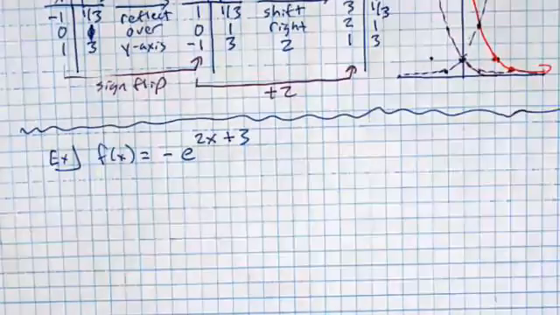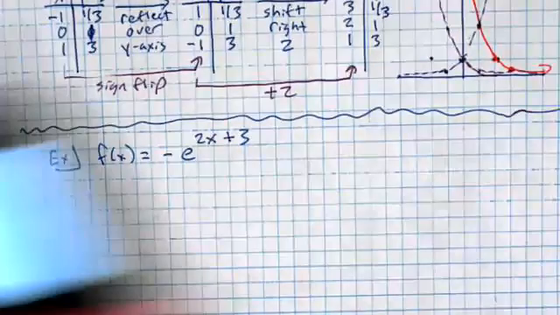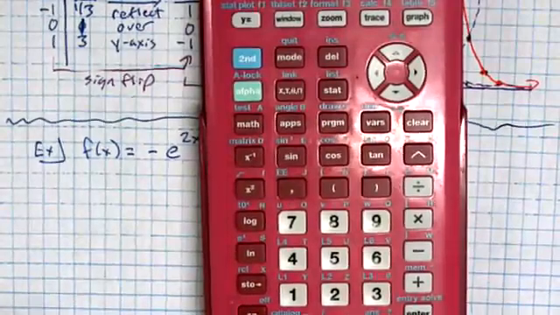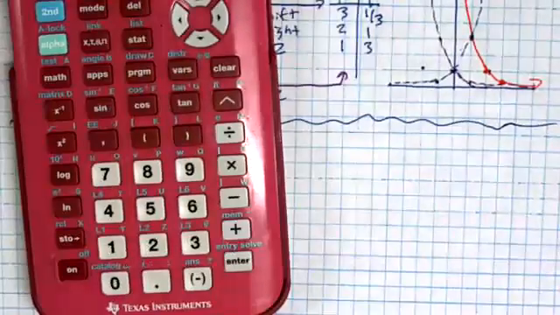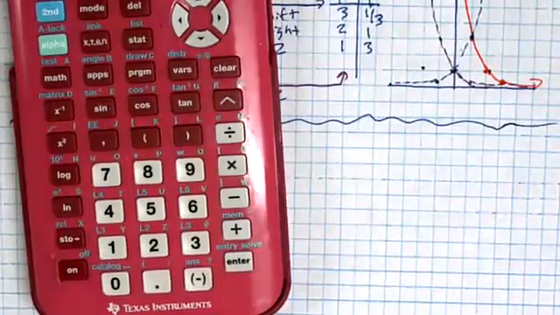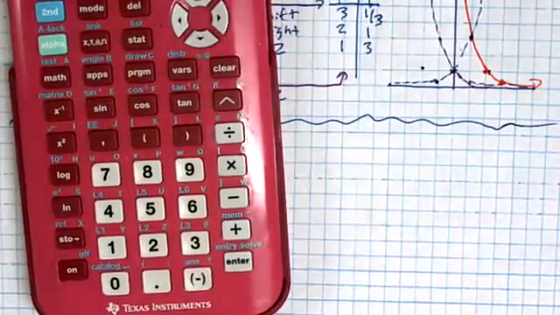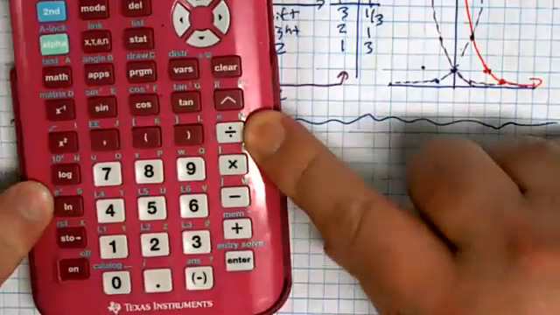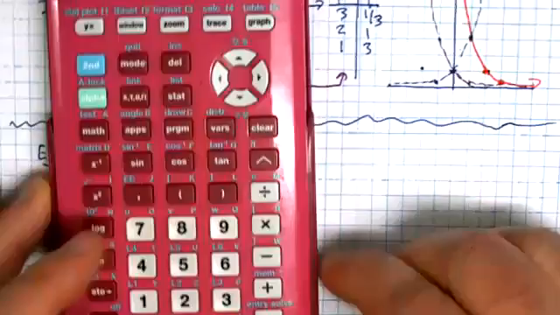If you're not super confident with e, I get you guys to look at your calculator. See if you can find the e button on your calculator, first of all. It's pretty close to the pi button because it's another one of our big important constants. Do you see where e is on your calculator? It's on the right side. It's the divide key. Well, there's actually a couple places. There's an e to the x over here, and then there's just an e over here if you want the e that's the constant.